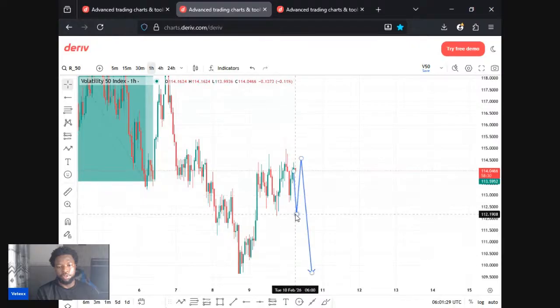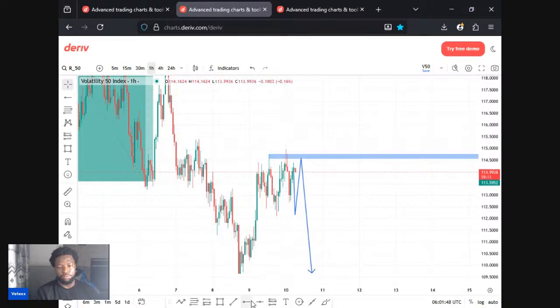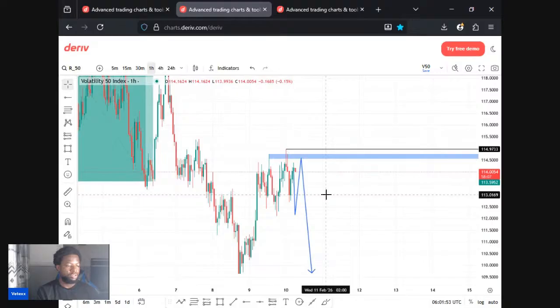This is just my plan for V50. So I hope it does this. Then this will become my point of interest. Then I'll be anticipating to take a sell from here. So let's wait. We'll be on the lookout if it does that.